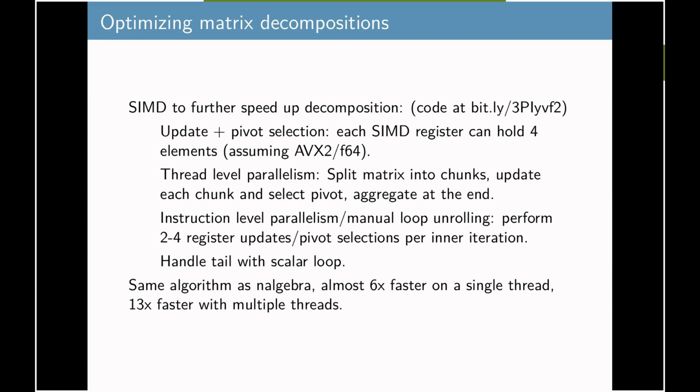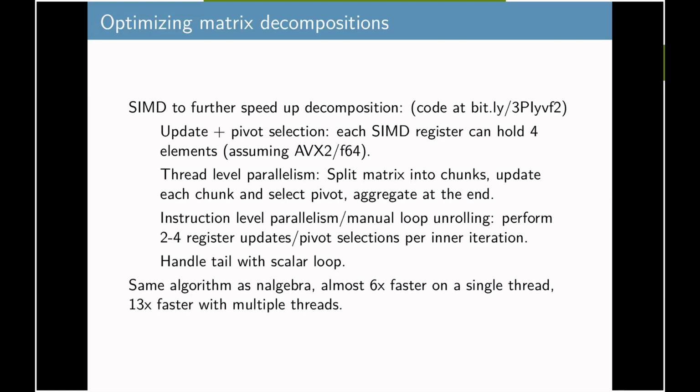And you also want to use instruction level parallelism, otherwise called manual loop unrolling. So instead of using one register to process the matrix per iteration, you use 2 to 4 registers, basically as many as you can fit in the CPU without having to spill to the stack.